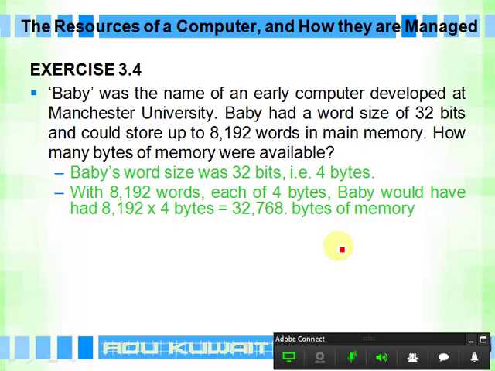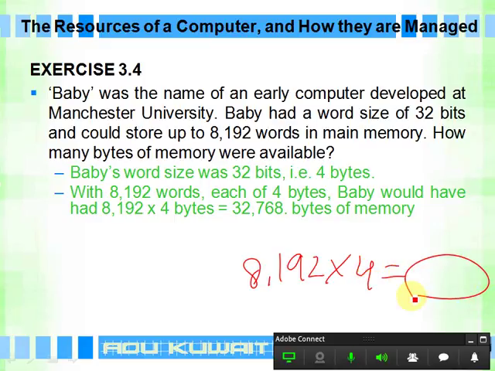One word is 32 bits, so how many bytes is one word? 4 bytes. So if there are 8,192 words, multiply by 4. You will get 32,768 bytes of memory.